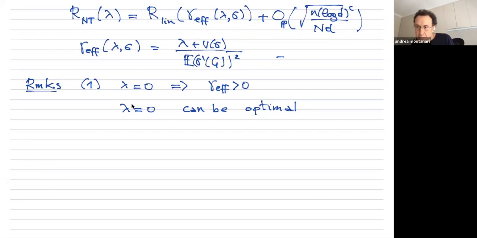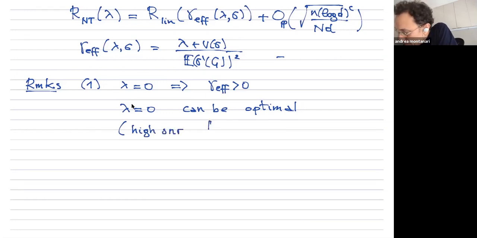So lambda equals 0 means training error 0, so interpolation. And this can be the optimal regularization, despite the fact that you're interpolating the data. And in this model this is seen very clearly because the effective regularization in the linear model is strictly positive. So you can easily construct models at high SNR.